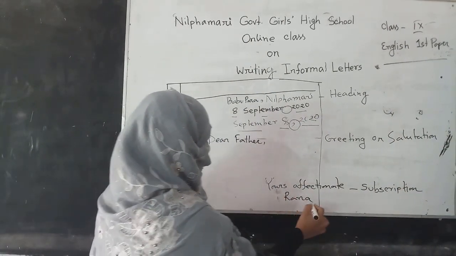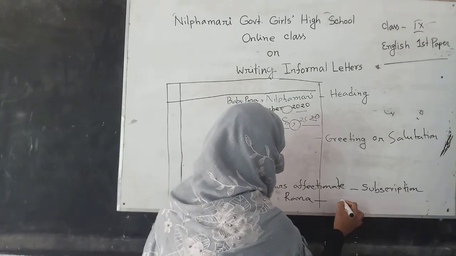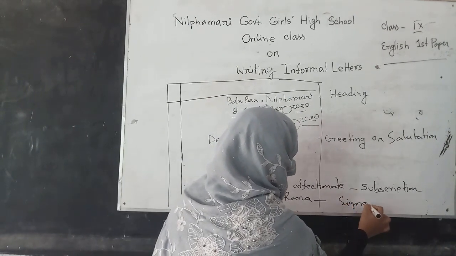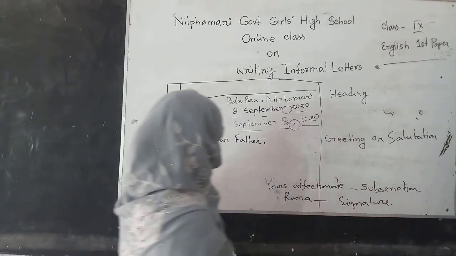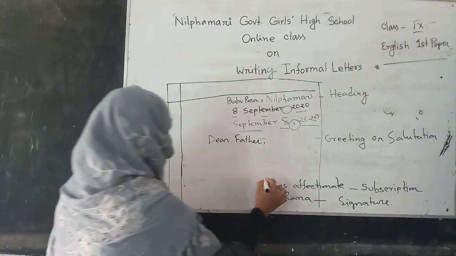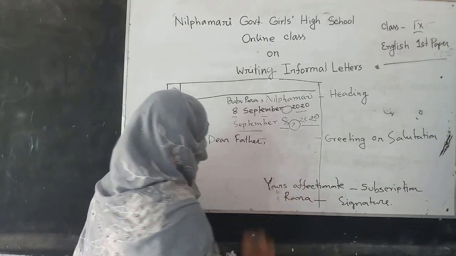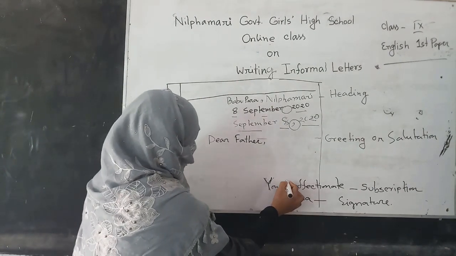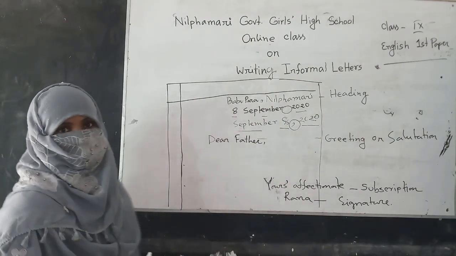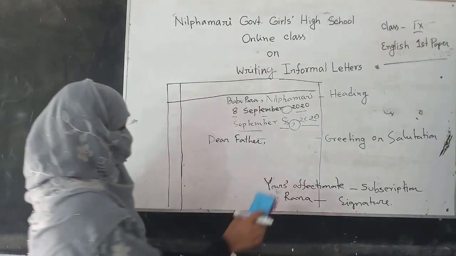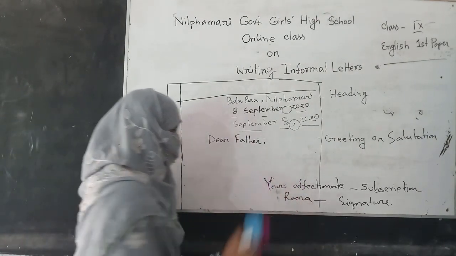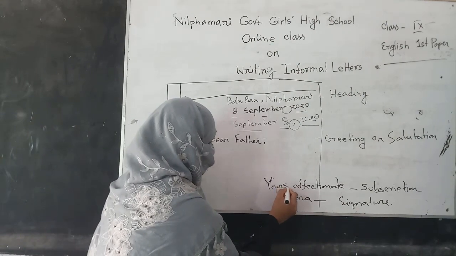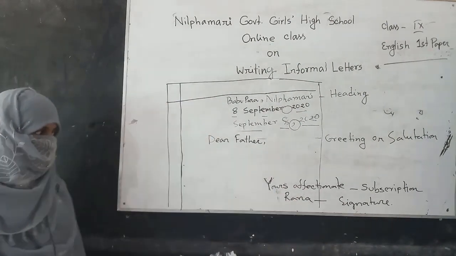And after subscription, you have to give your signature. In writing subscription, many of you make mistakes. Here you put an apostrophe, comma, but students, you should not do this. Just write yours, not apostrophe s.